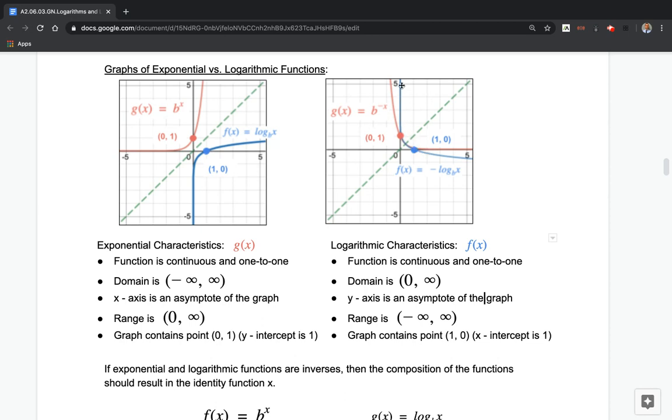So we're going to get really close to the y-axis, but we're not actually going to cross it. Same thing with the log function over here. The x-axis is the asymptote of the graph. So for the exponential function right here is the x-axis. That's the asymptote for the red graph, or the exponential function. Over here, the y-axis is the asymptote for the logarithmic function.